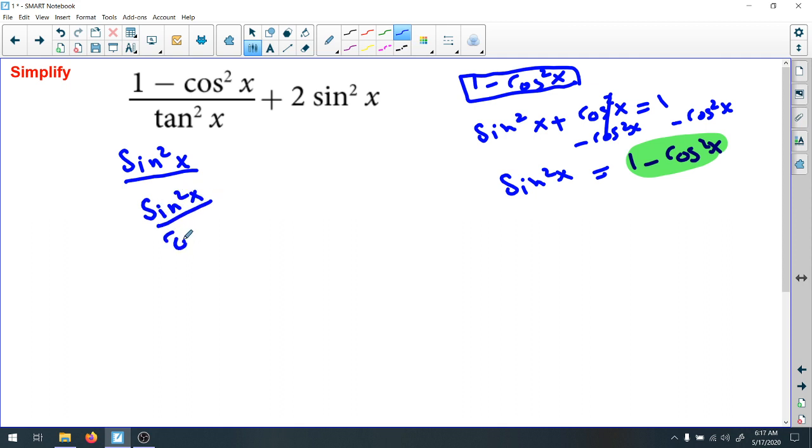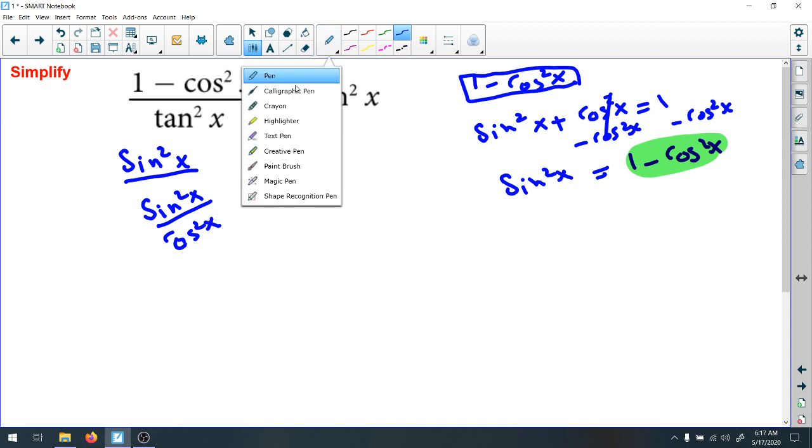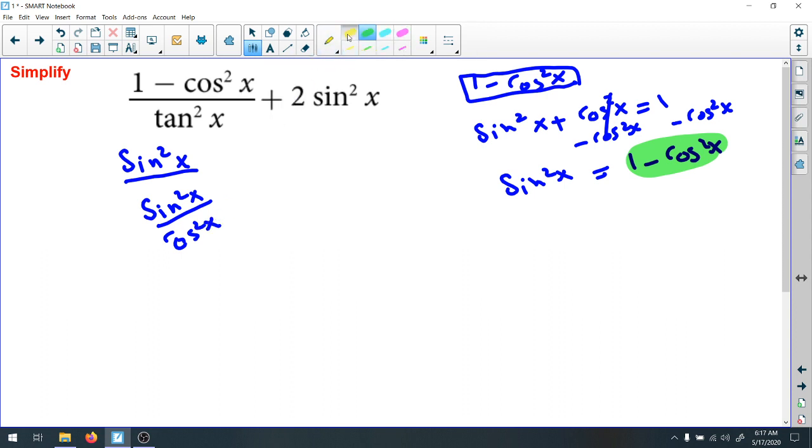This is the term of tangent. This is the term of 1 minus cosine. Everything now is clear.